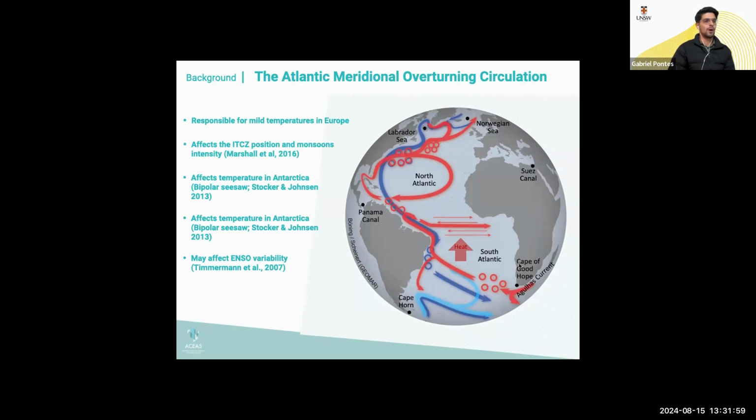We've got the warm Agulhas current here that comes from the Indian Ocean, and then those currents propagate into the North Atlantic as the North Brazil current until reaching the Gulf Stream, and finally ending up in the subpolar gyre, where those warm waters lose the heat to the atmosphere and then sink, going back again at depth as the North Atlantic deep water.